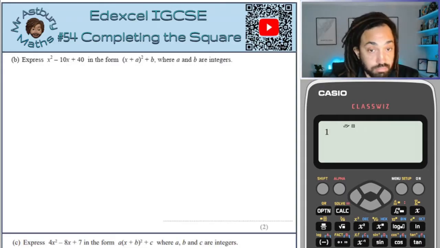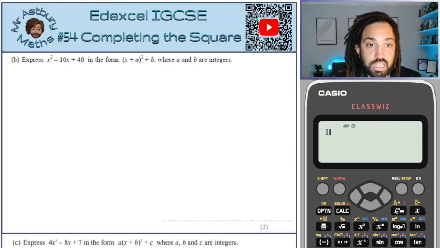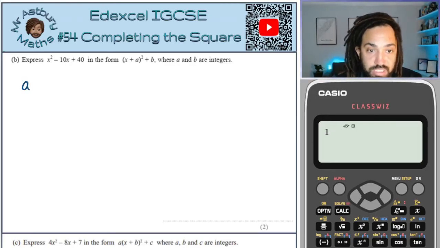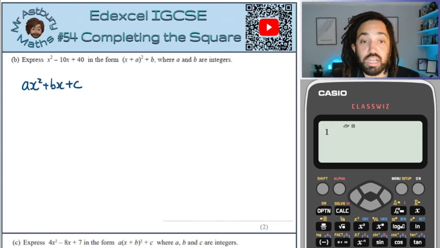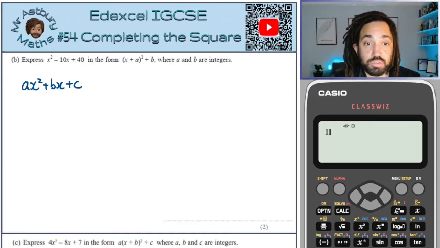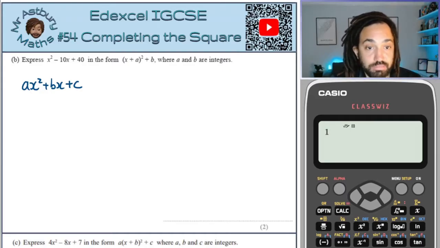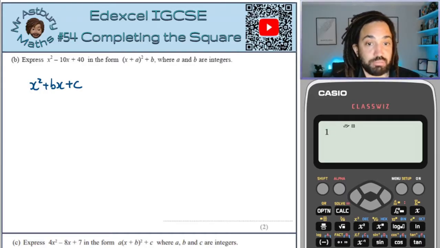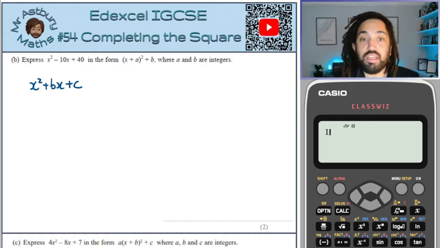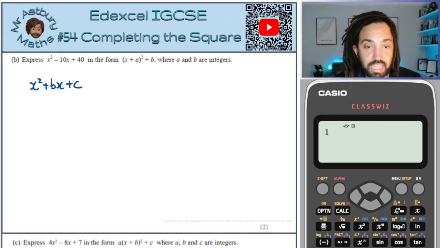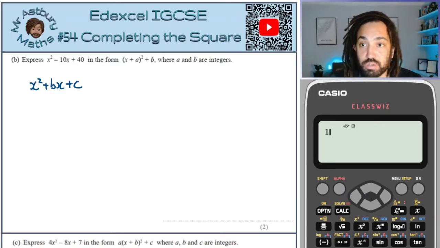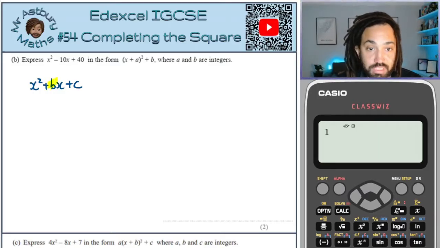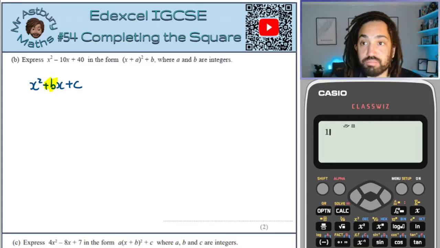Okay, so before I start, any quadratic can be written as ax squared plus bx plus c, like this. Let me first refer to the quadratics where the a term is 1, so it's just x squared plus bx plus c. We can complete the square by using this technique where we focus on the b term, the number of x's.